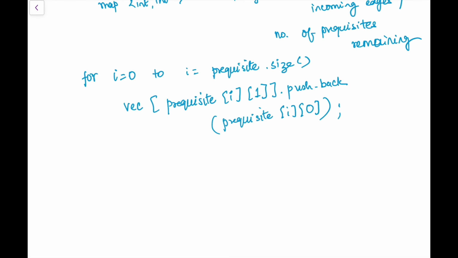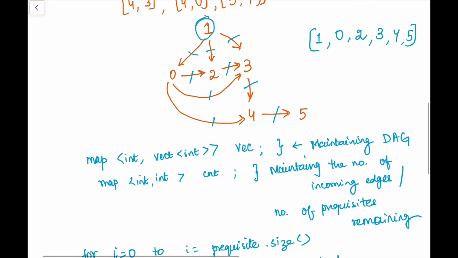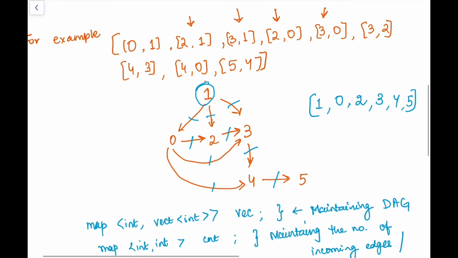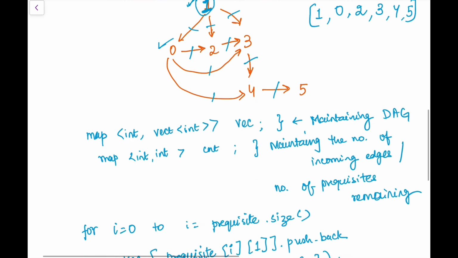So why am I doing this? When I have 0 comma 1, in 1 I will make a directed edge from 1 to 0. So that is why I am pushing 0 into my 1 node, and similarly from 2 to 1 I'll push 2 into my 1 node, so that it will be a directed edge from 1 to 2.